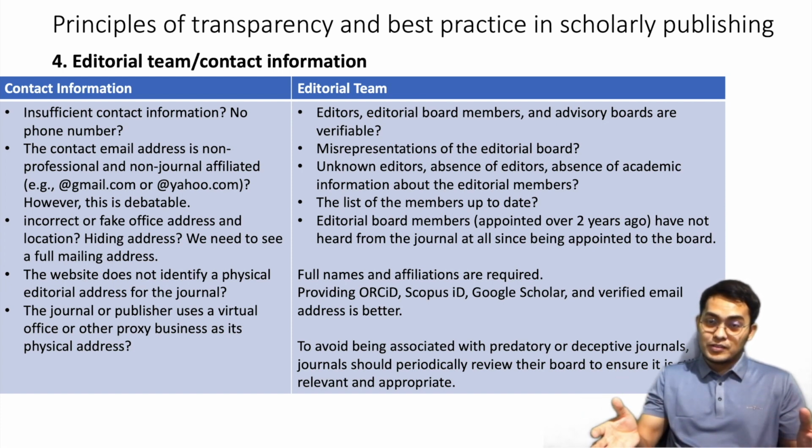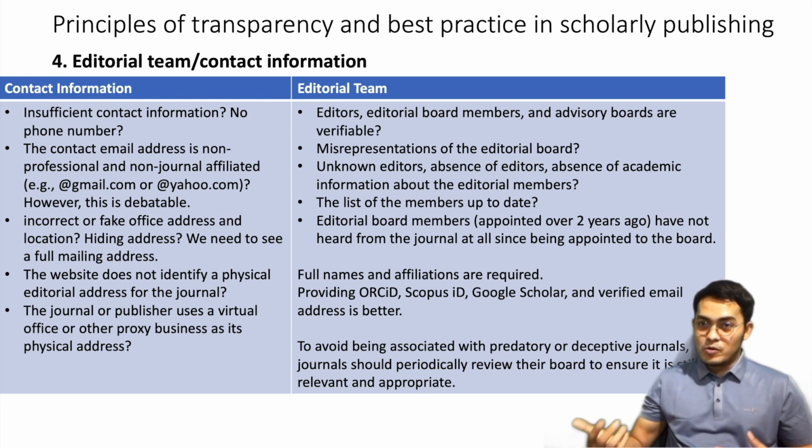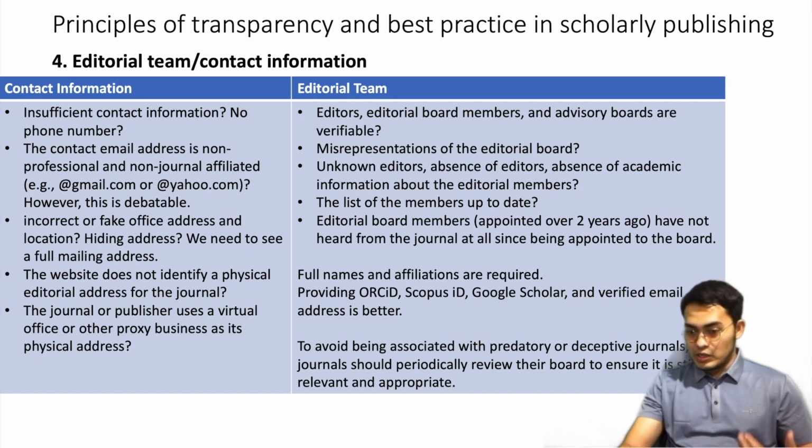So this is the real one, not the fake one. Alright, it should be updated as well. Sometimes the lists are too old, so when someone wants to check the editorial board members, they don't know about it. So you need to check every 6 months or every year, depending on the journal.